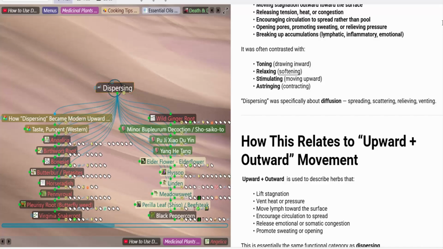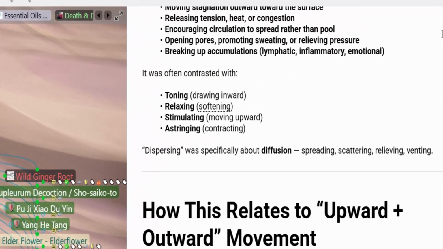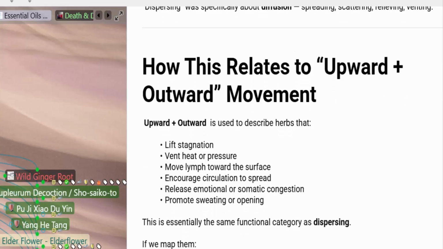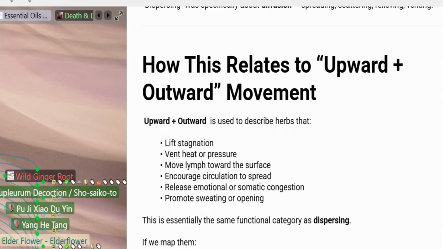So moving on, they contrasted dispersing with terms like toning, which meant drawing inward, relaxing, which is softening, stimulating, meaning moving upward, and astringing, which meant contracting. So dispersing was specifically about diffusion, spreading, scattering, relieving, venting. And we can compare it to a term that a lot of herbalists use today, which is to move upward and outward.